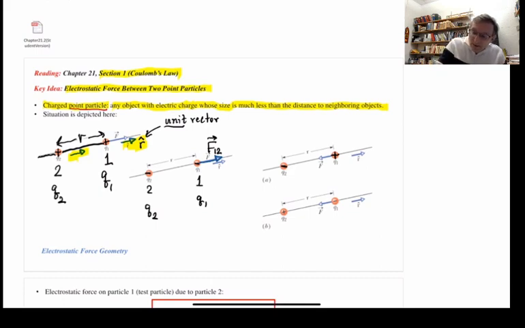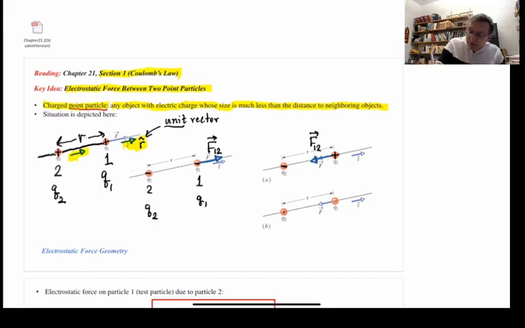Now you see the arrow? You see why it's drawn that way? This would be the force on 1 due to 2. It's anchored on 1, but it points towards 2 because opposite types of charge attract.